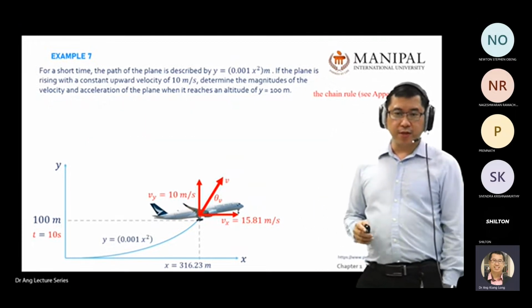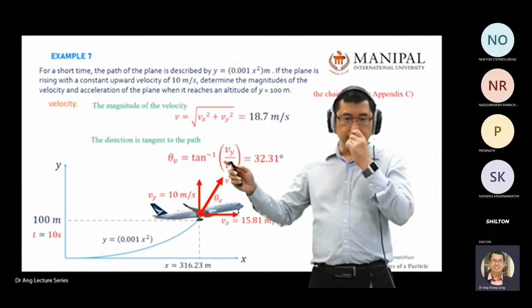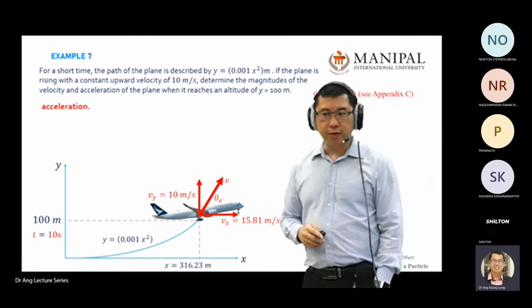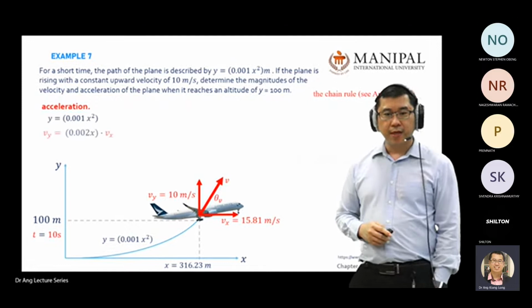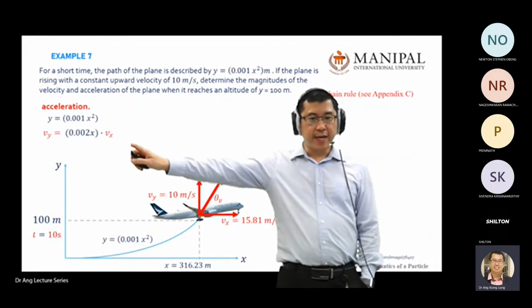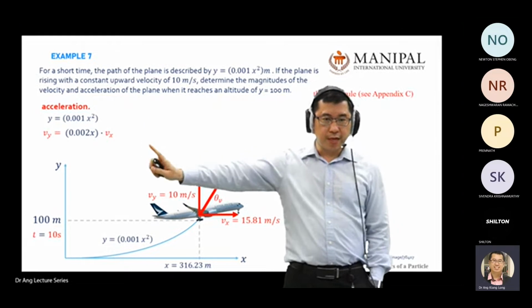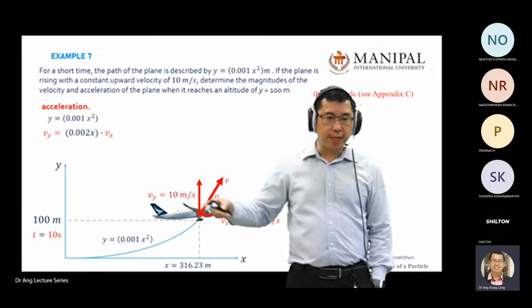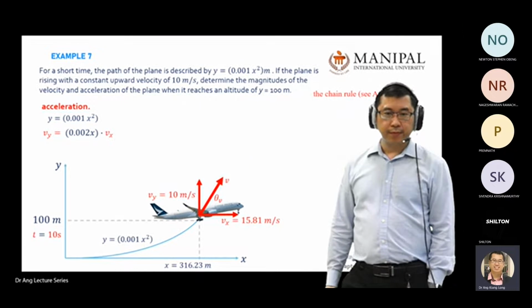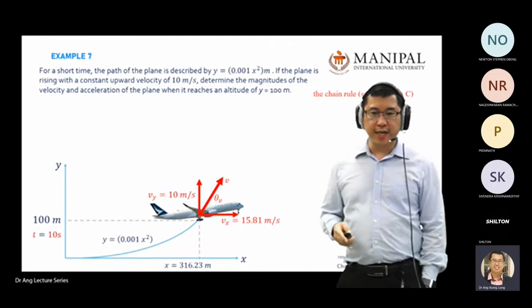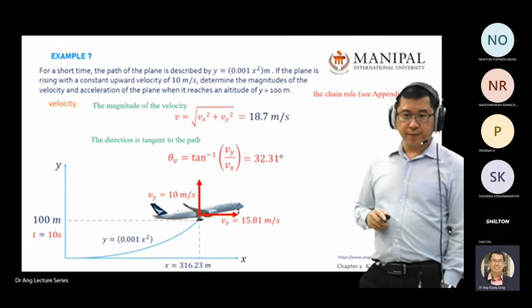What we haven't solved is the acceleration. We have done velocity. We continue using the same concept with acceleration. Recall, you have two equations you can use: y equal to something, Vy equal to something. Something challenging in this part is the chain rule just now.